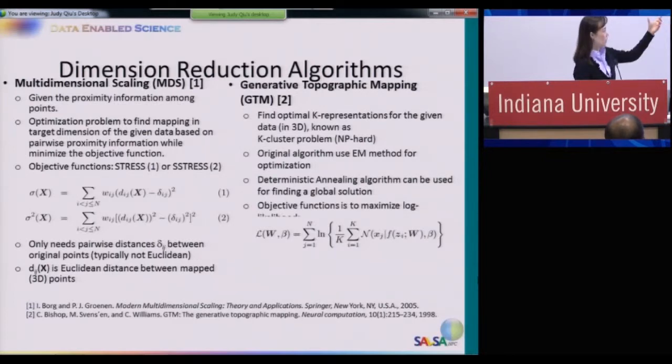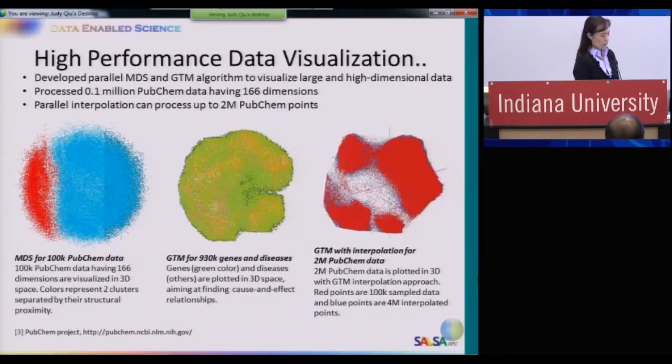We have two of them, but the one I'm going to demo is MDS. It uses a chi-square fit algorithm, parallelized and optimized. You can see the snapshot of the dimension reduction result. On the left-hand side is a 100,000 PubChem data set.